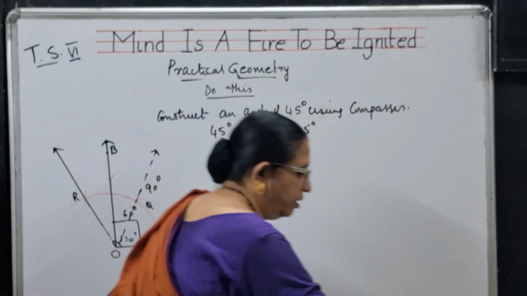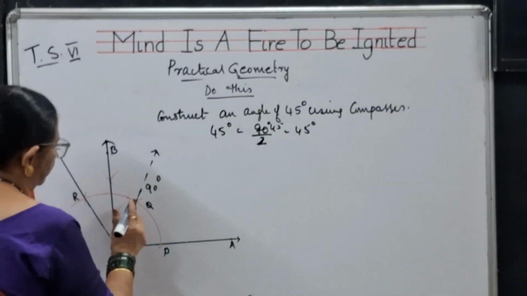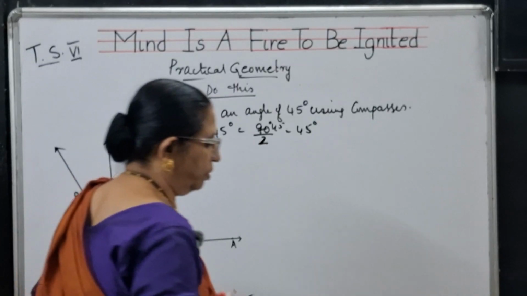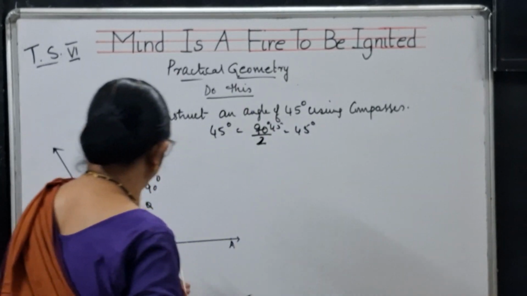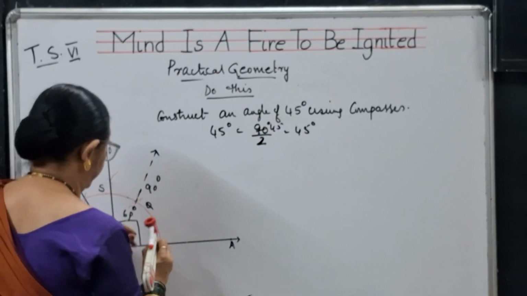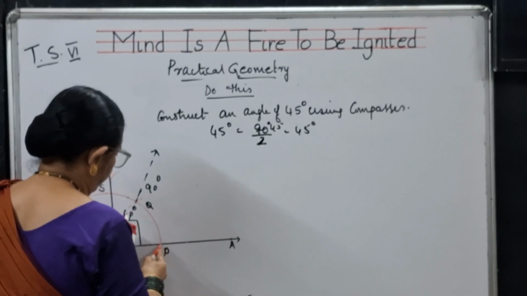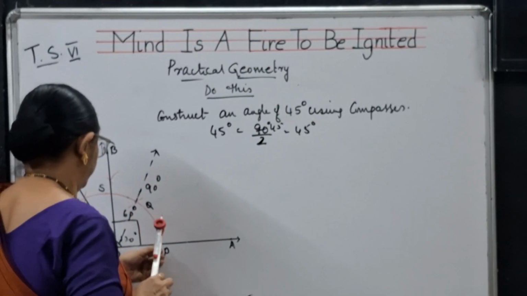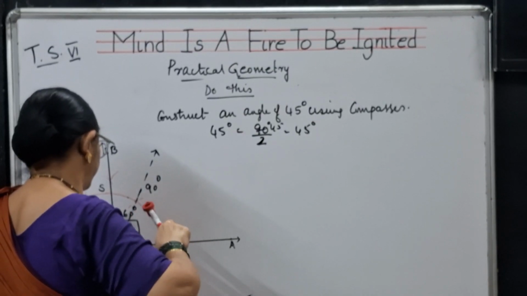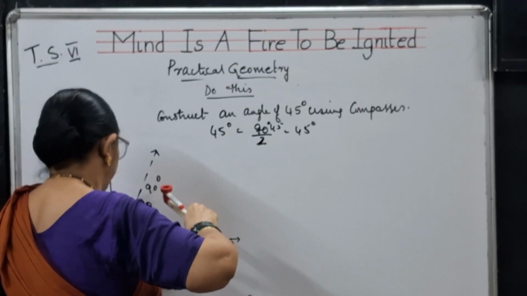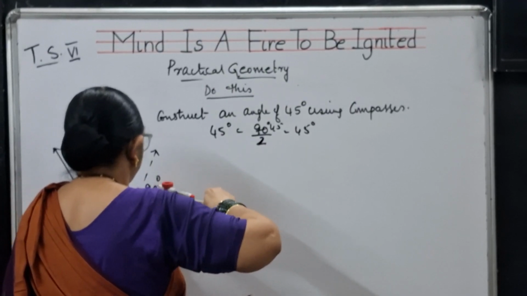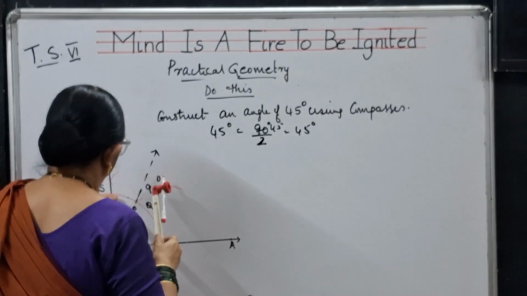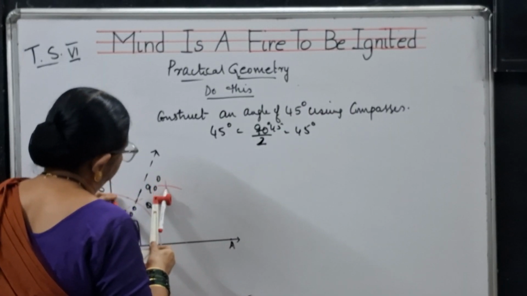So let me take P and this point is Q, this is R. Let me take this as S. So I should bisect P and S. So P as center, more than half of PS as radius, I should draw one arc like this and S as a center upon the same another arc.